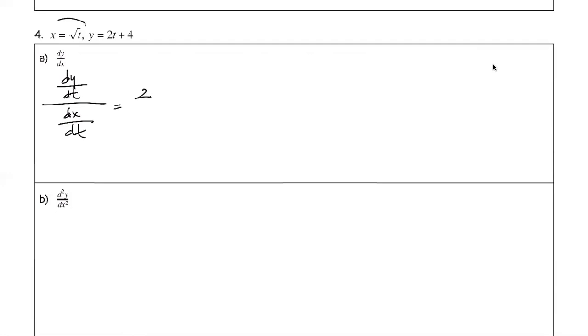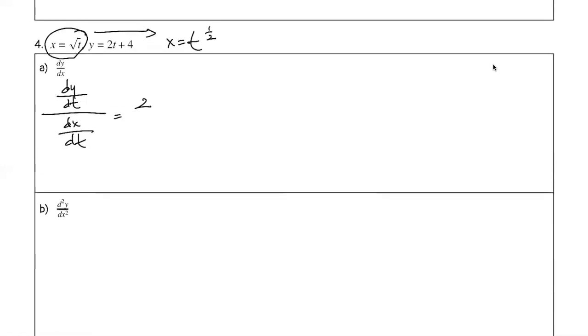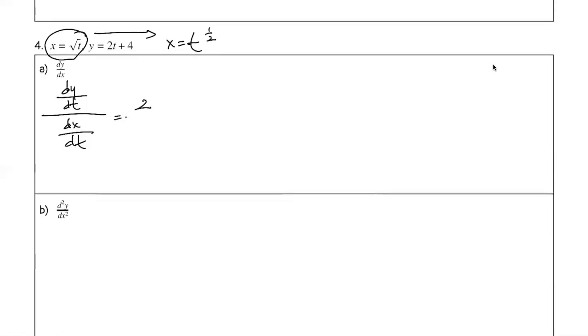And I might rewrite x as t to the 1/2 so that I can prepare myself to take the derivative using power rule, okay? So the derivative of t to the 1/2 is 1/2 t to the negative 1/2. Now, if all I'm doing is taking the first derivative, I would just leave it, okay?